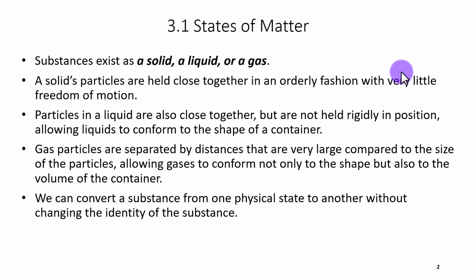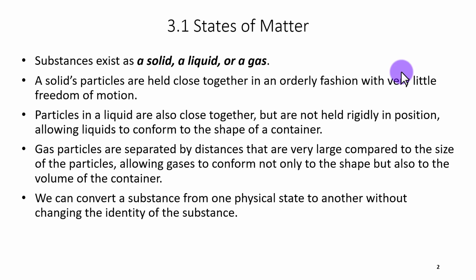When I look at a solid, those atoms or molecules that make up the solid are so closely packed together and they're very ordered. Most solids exist in crystal structures, so they are very ordered and they don't have much space to move because they're so tightly packed.